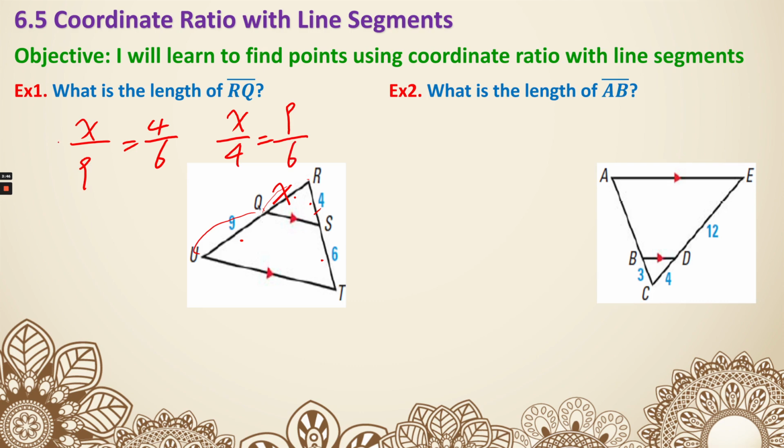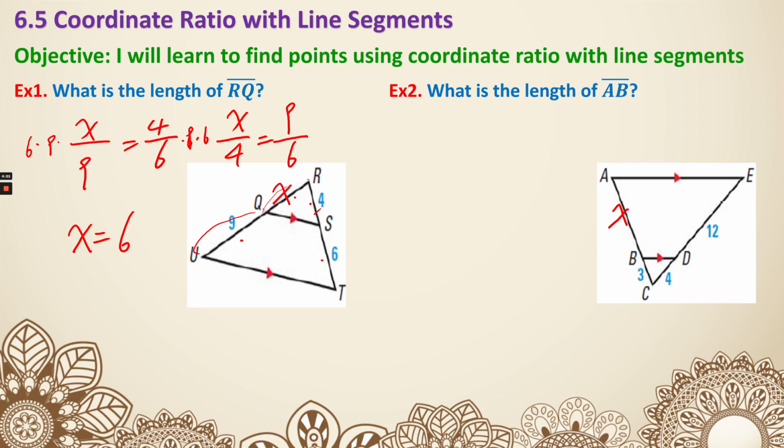You can multiply both sides by 9 and by 6. After solving, x is going to be 6. That's example 1.